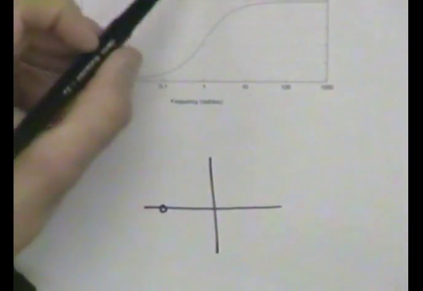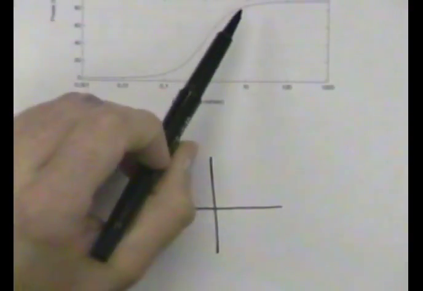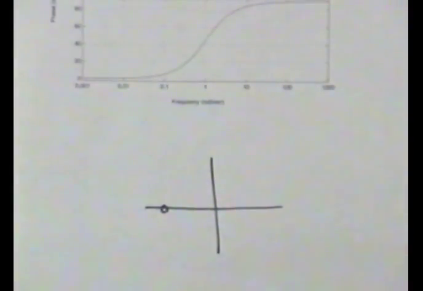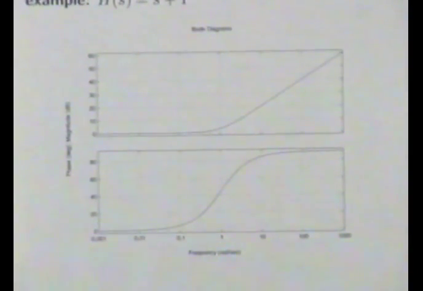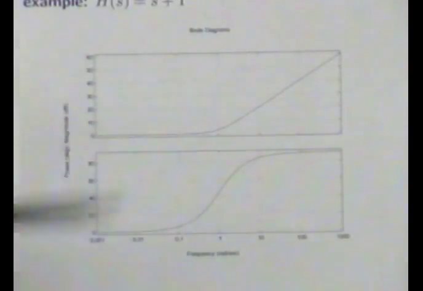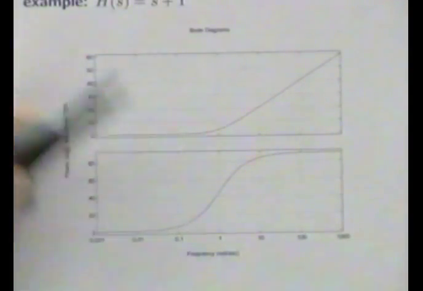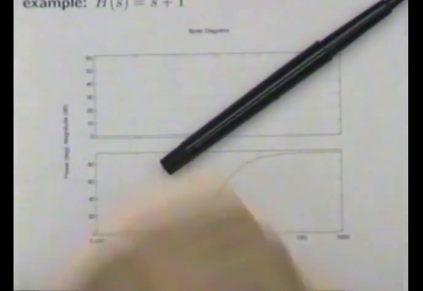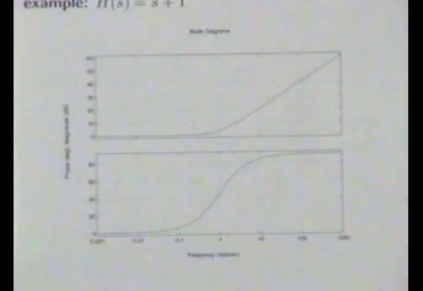And so the magnitude really looks exactly the same, except now, no, it doesn't look exactly the same. It looks very different. But the difference is now, instead of putting that distance on the denominator, you just keep it in the numerator. So the distance keeps increasing. The interesting thing now is instead of rolling off at minus 20 dB per decade, your magnitude increases at a rate of 20 dB per decade.